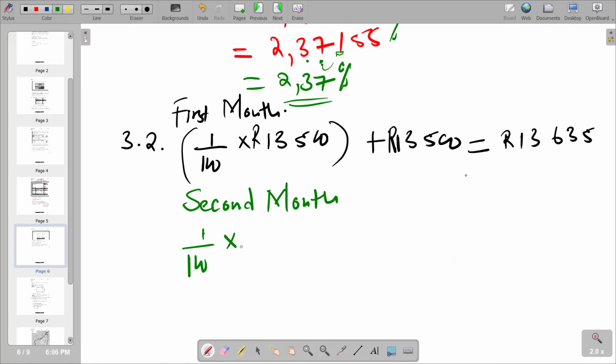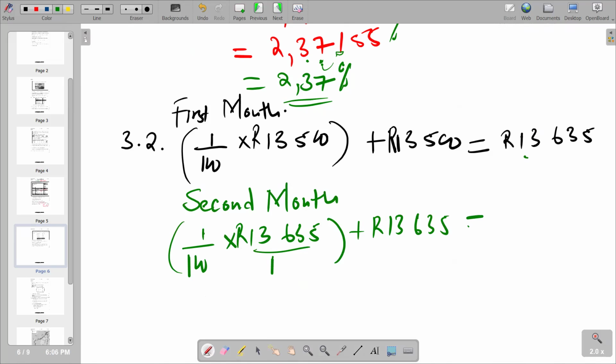We multiply by the total that we got for the previous month, which is 13,635 rands. Then the answer that we get, we add to 13,635. So we calculate it like that.